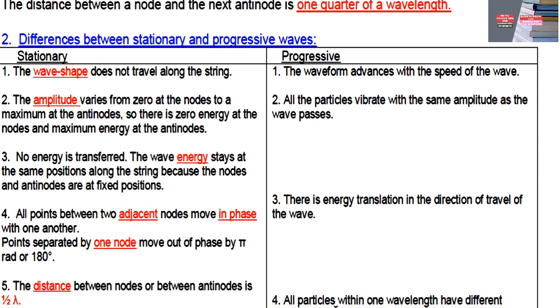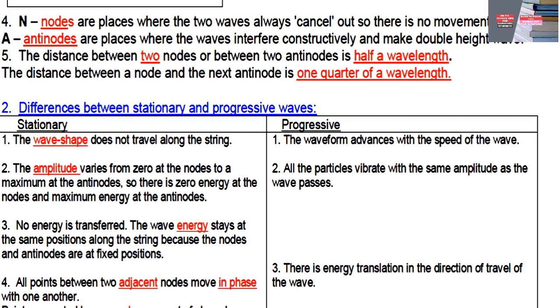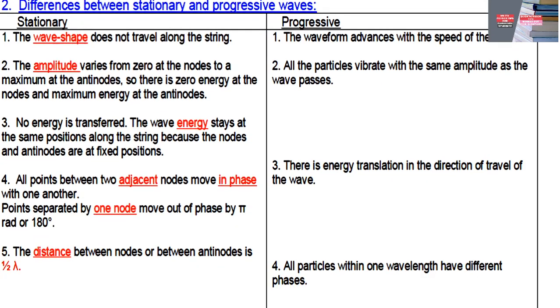Now in progressive waves, all particles within one wavelength have different phases. As you remember, the formula for finding the phase difference is 2 pi x over lambda, which means every point will be at a different phase from the others.